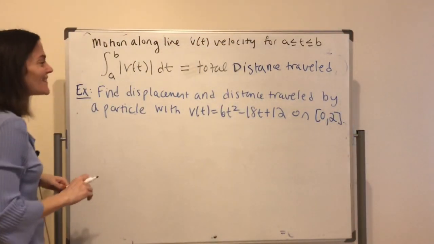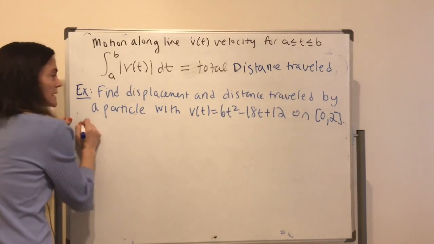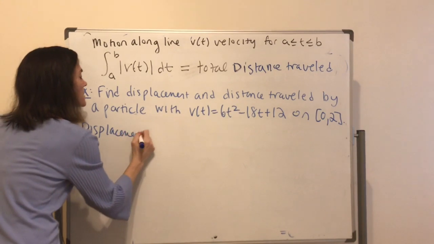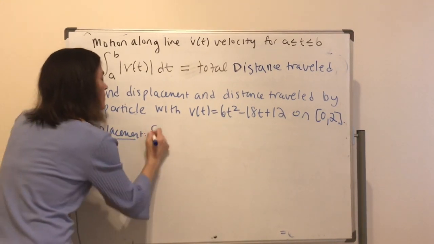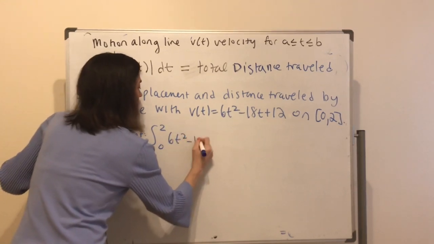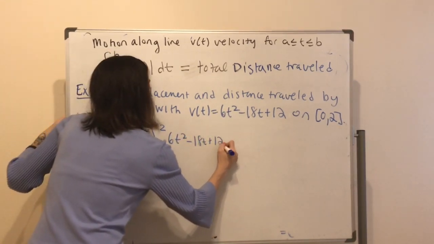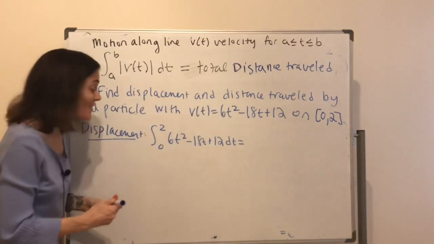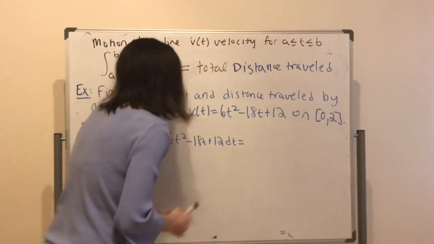Okay, well, the first thing we need is, or maybe I will start with displacement because it's a little more straightforward. We integrate 0 to 2 of the velocity function. Okay, so this is polynomial. The actual integral is not too bad.